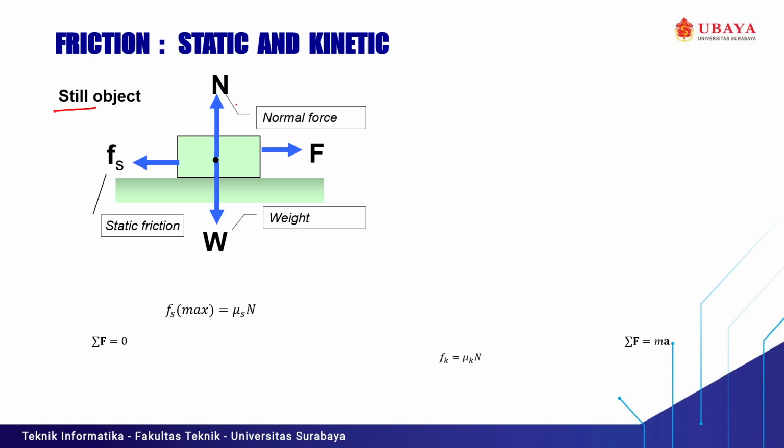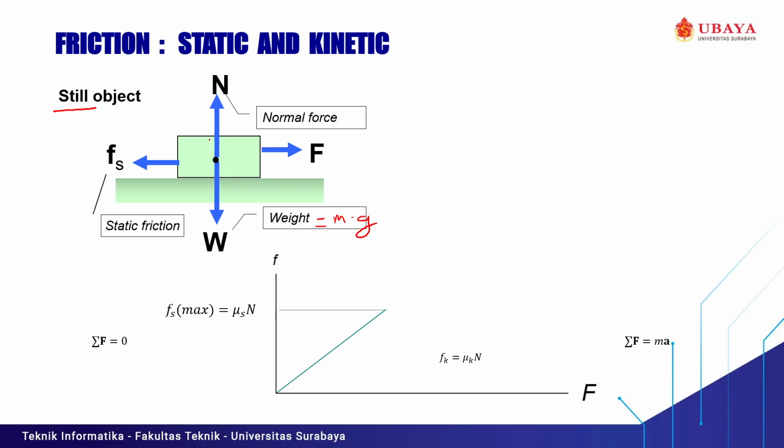And we have two more forces here in the vertical axis: W, which is weight, and N, which is the normal force. Weight, as you may know, is just mass times gravity.